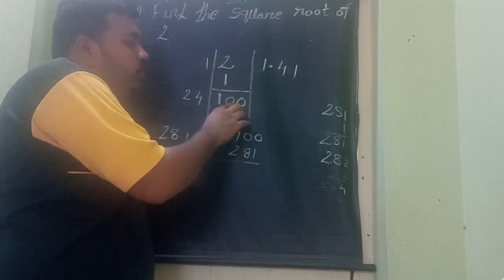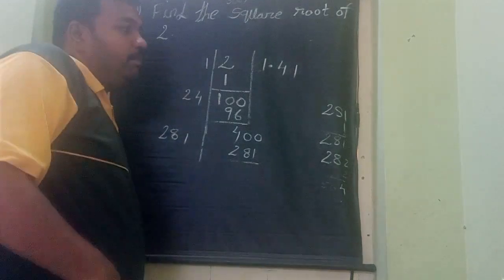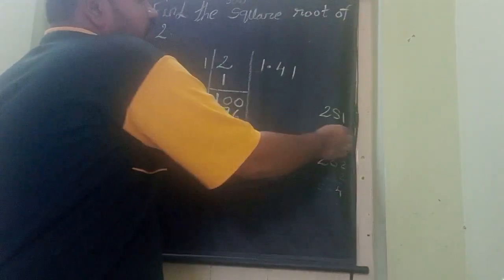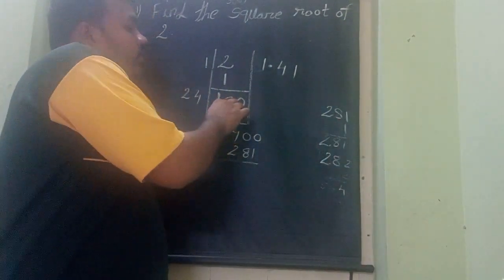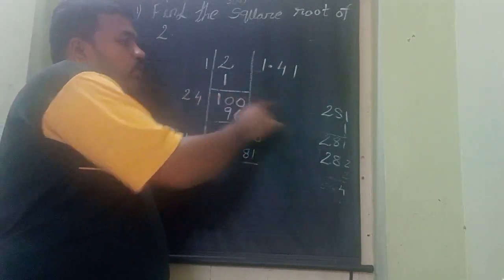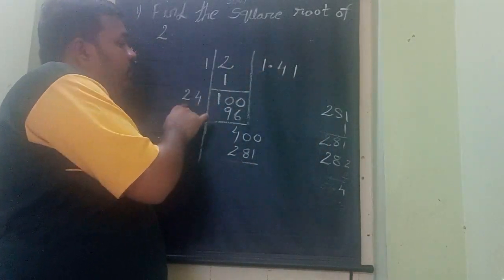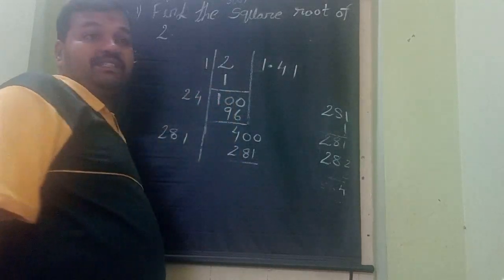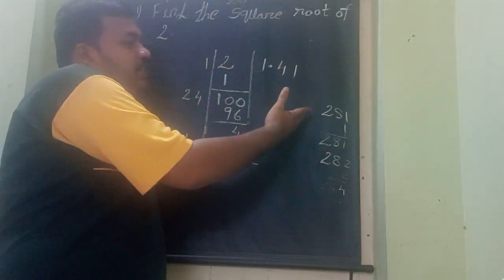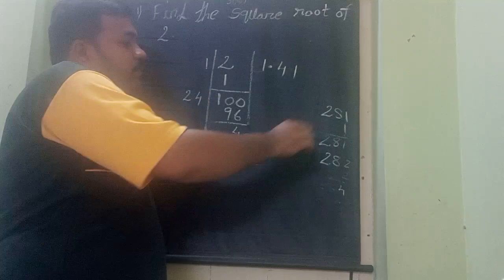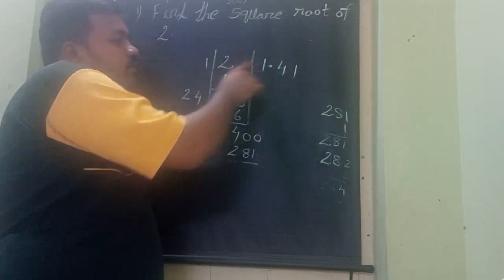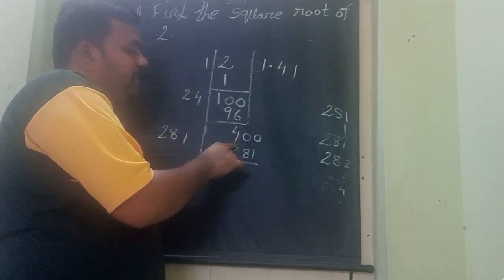The decimal point will give us 2 zeros. In division it gives only one 0, but we are doing square root, so in squares it gives 2 digits. So 2 zeros. After the 1, double of the quotient is 2. Beside this 2 we have to give a number from 0 to 9. For multiplication we got 4: 24 into 4 is 96. Subtraction is 4.